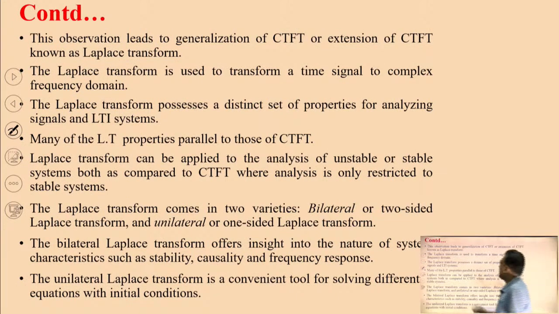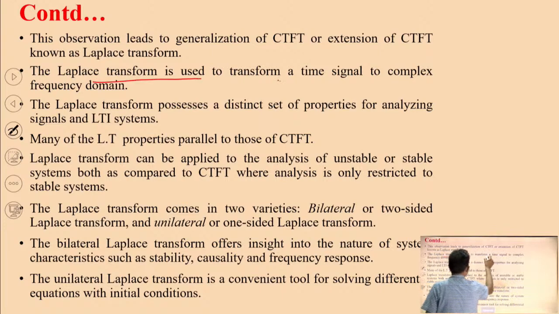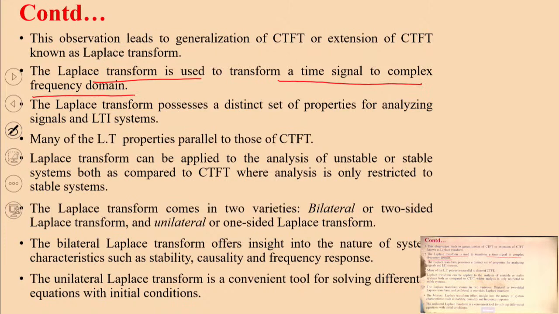So you can say the Laplace transform is basically used to transform a time signal to the complex frequency domain. In case of continuous time Fourier transform, we convert the time signal into the frequency domain only, but here we are converting it into the complex frequency domain where both sigma and j omega will be there, meaning both real and imaginary parts will be there. So this is about Laplace transform.